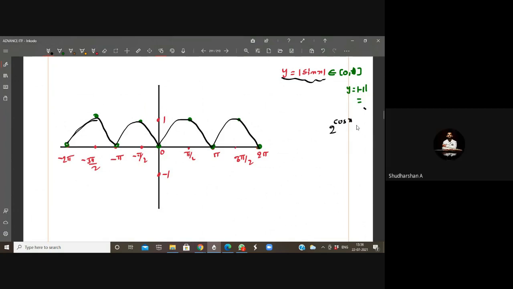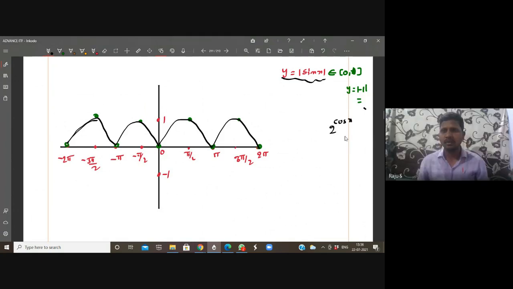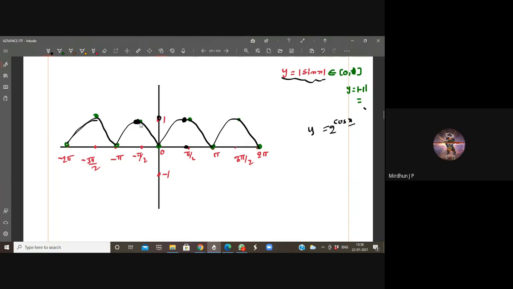When you take cos at x equal to plus 90 or minus 90, what about the y value? It is 1, because cos 90 is 0, and 2 power 0 is also 1 only.